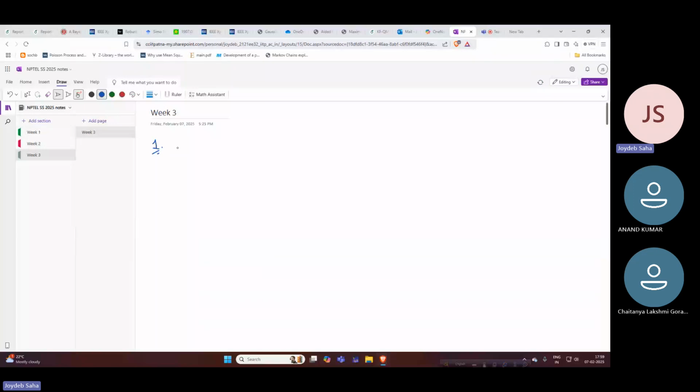Question 1. Find the Fourier transform. In short, we write FT.